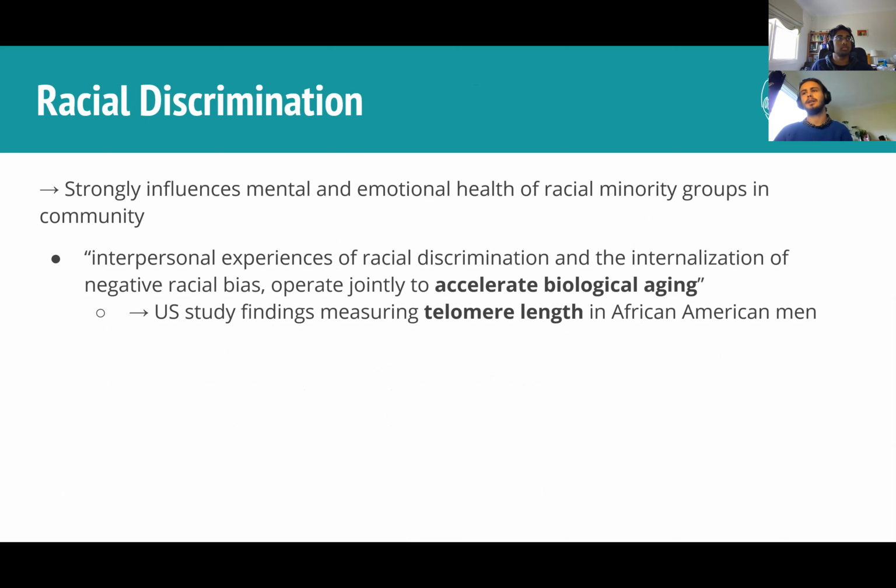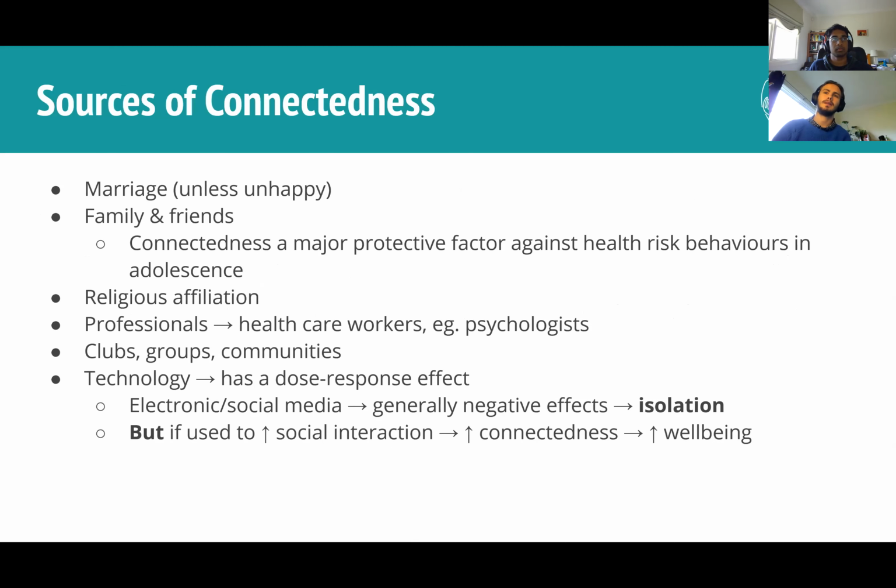That was actually a US study, found by measuring telomere length in African-American men, that telomere shortening happened at a faster rate in African-American men, I'm presuming independent of other factors. So yeah, very important. And the final slide, please, James, I think. Yeah. So how can you be connected?